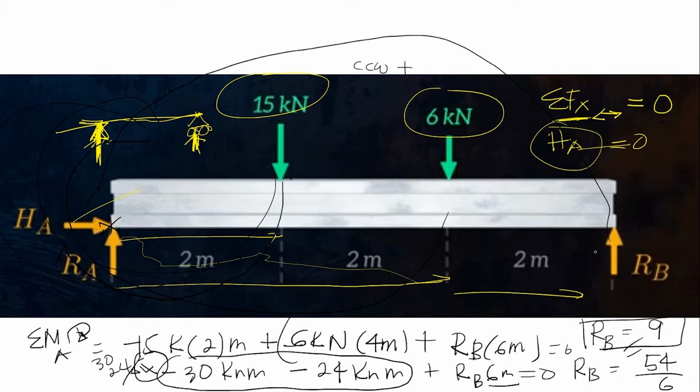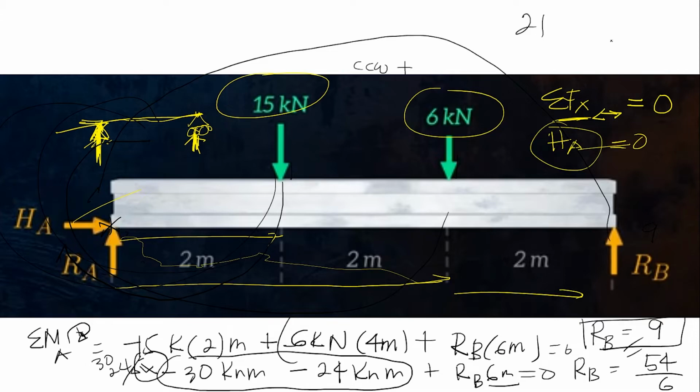So look, by just observation, pure and raw, this is 9. How much is left at A? This, 15 plus 6, how much? 21, sir. 21.